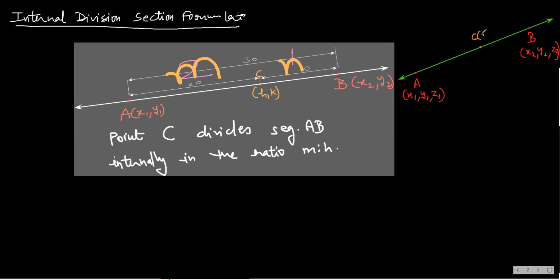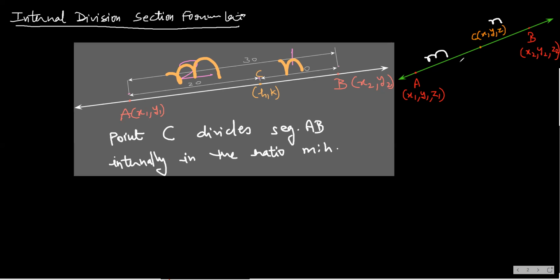The unknown coordinates are x, y, and z. And the ratio of division is the same, m is to n. So here I have m, and here I have n. AC upon BC is m upon n.